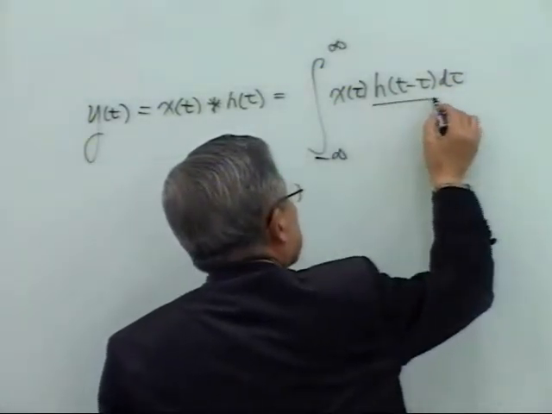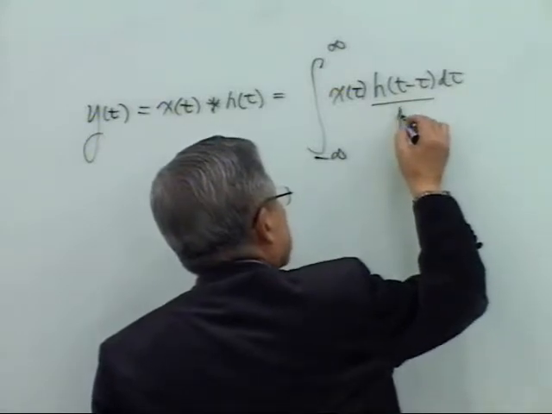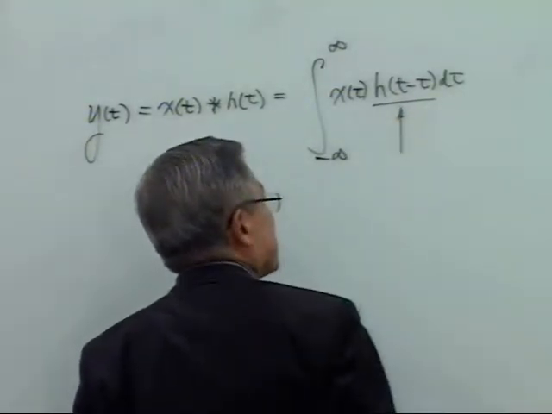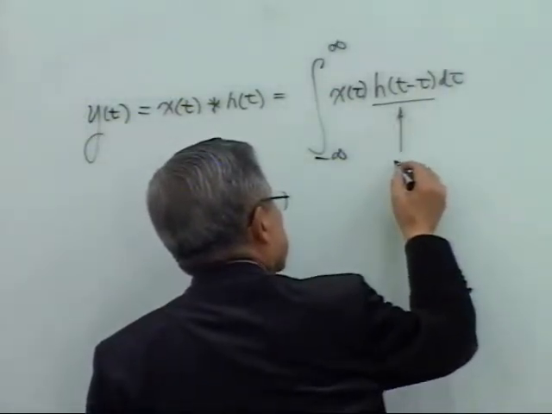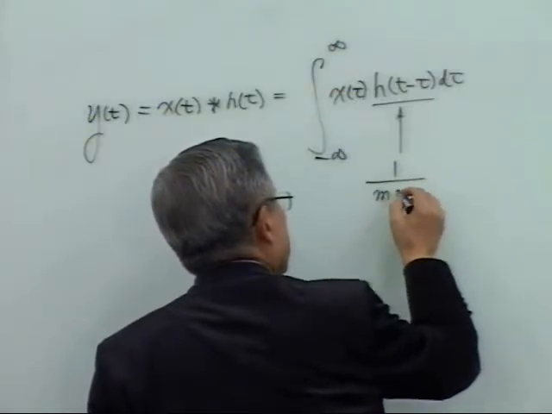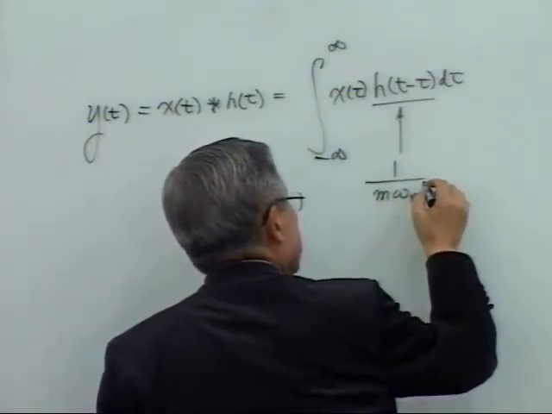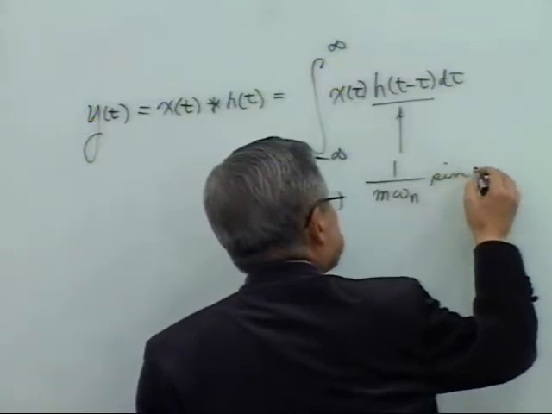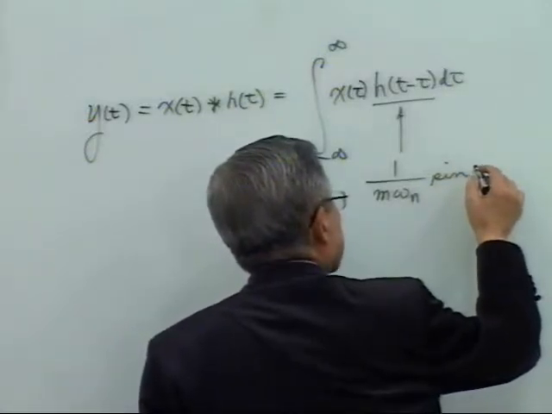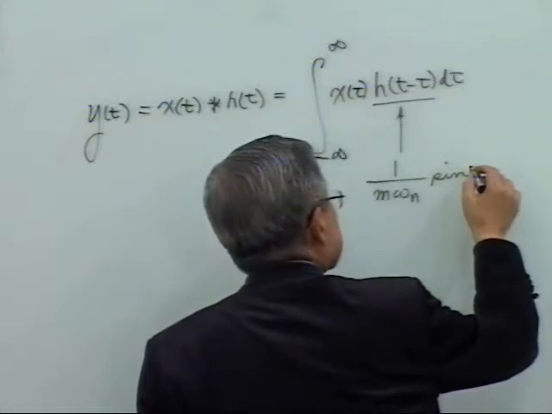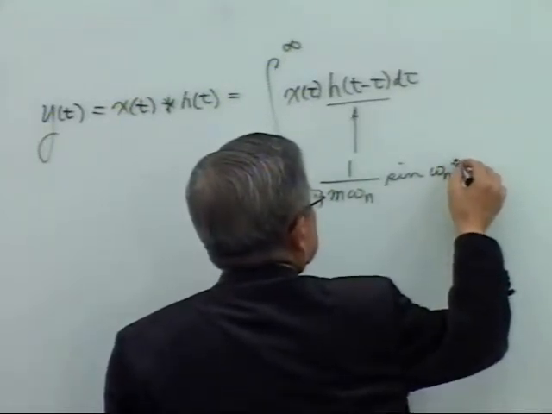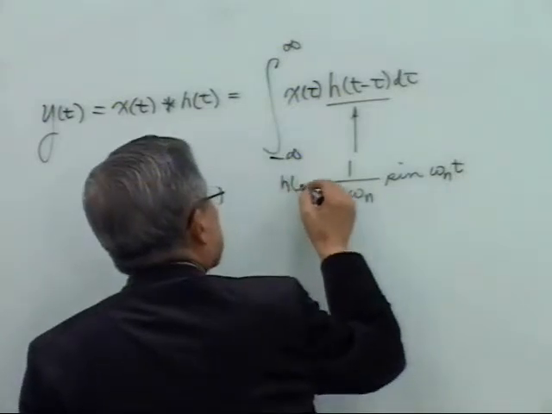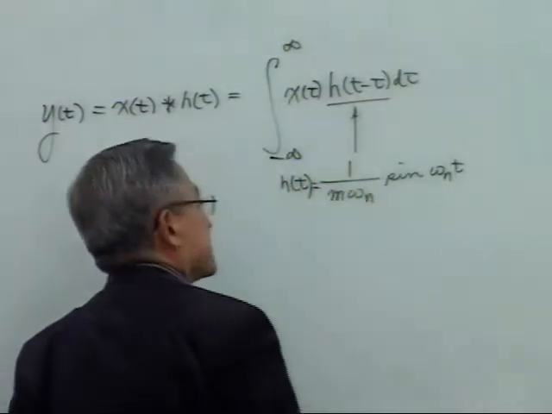And for the single degree of freedom system, let's say no damping, this is equal to 1 over omega n sine, I forgot, some sine omega n t, which is like this.